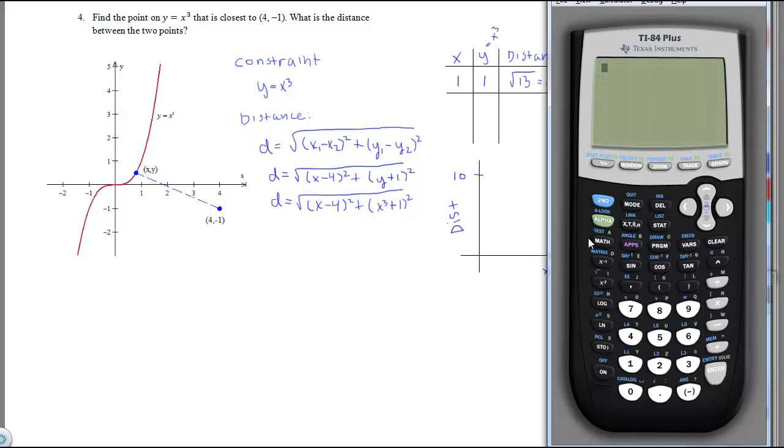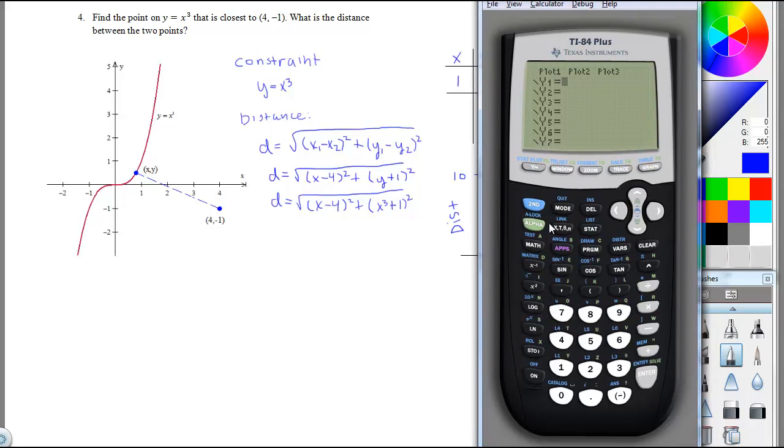So I'm going to put in y equals the square root of (x minus 4) squared plus, oops, I need another parenthesis right here, plus (x to the third plus 1) squared, end parenthesis.